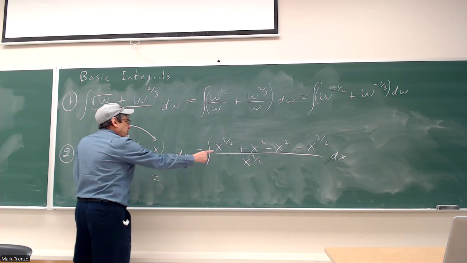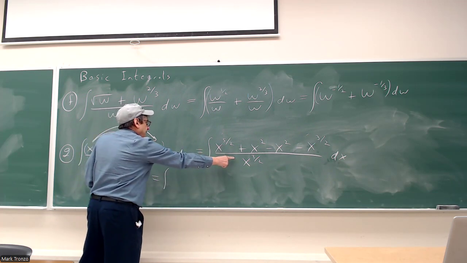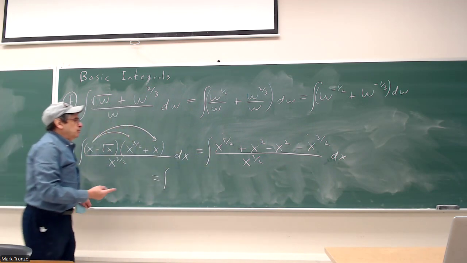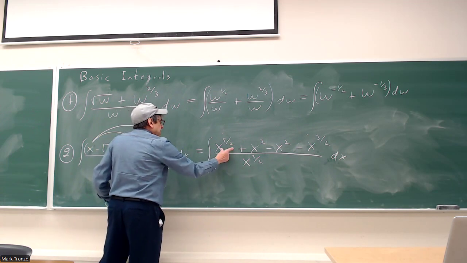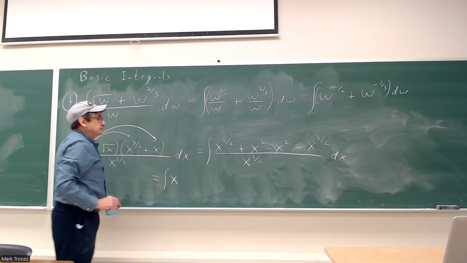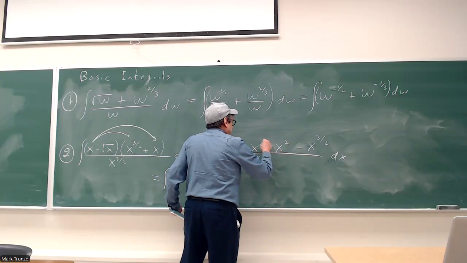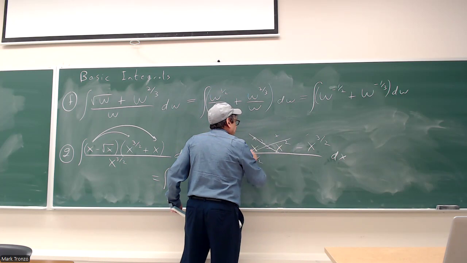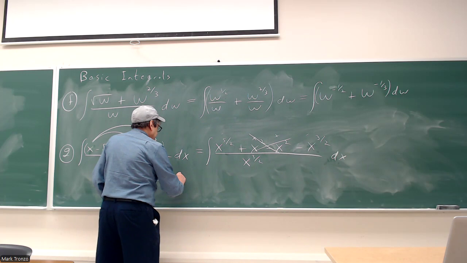And now we're going to have the integral of x to the 5/2 divided by x to the 3/2. When we bring this up, this would be negative x to the 3/2. We add the exponents, that's going to be x to the first. And now over here, again, these are already canceled. Those are gone. And then this is going to be x to the 3/2 divided by x to the 3/2.